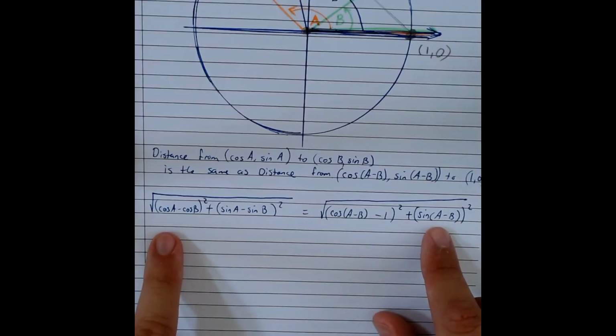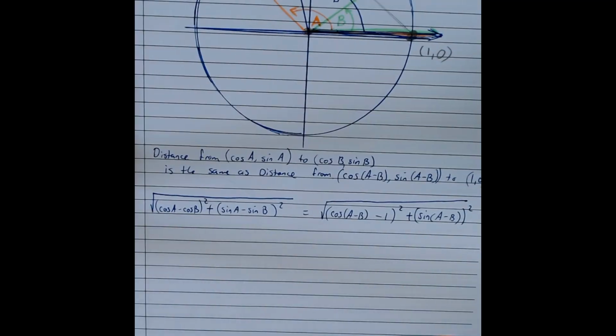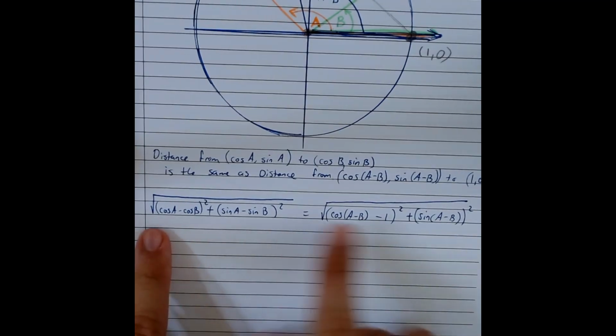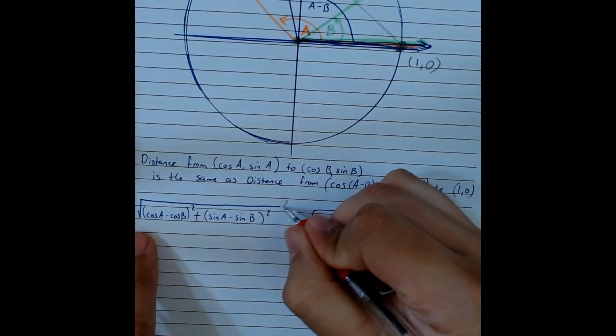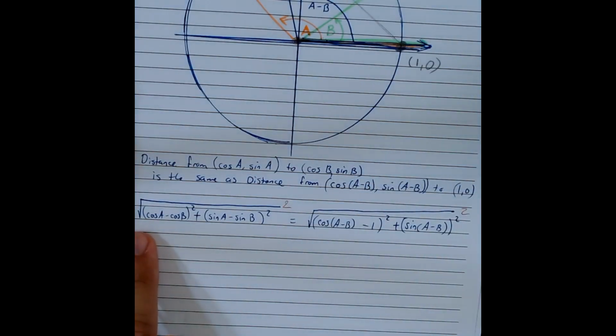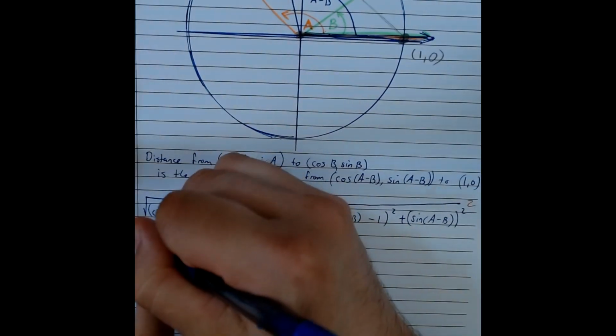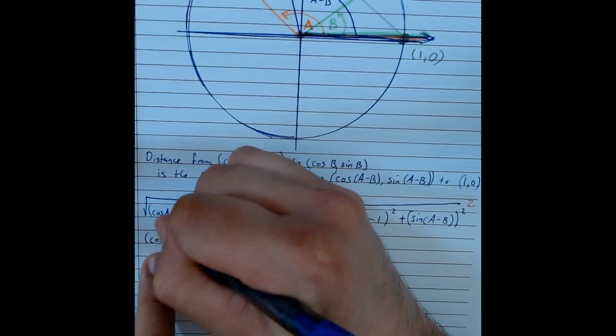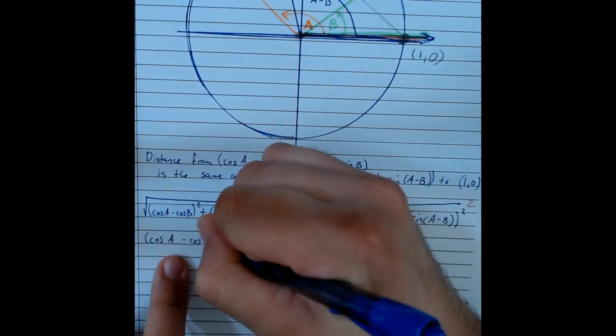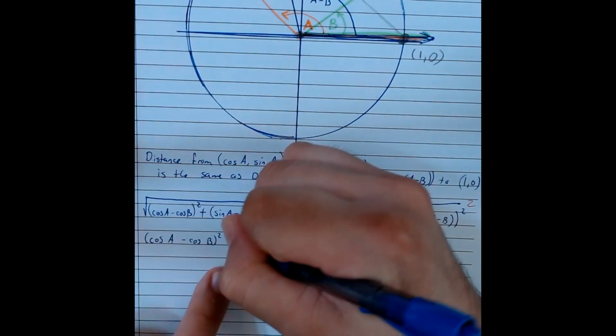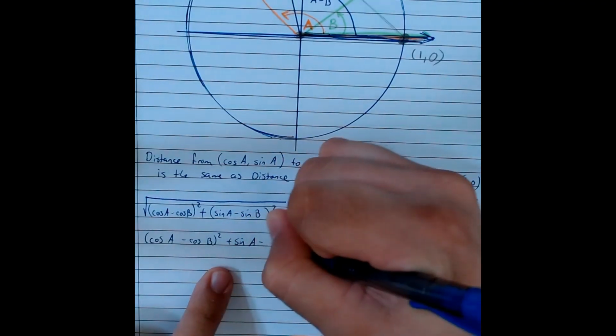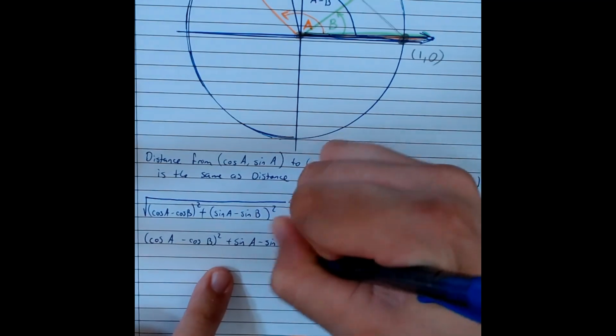Okay, so now what? Well, now I notice that both sides have square roots, which I can get rid of by squaring both sides. And that makes things a little bit better because square roots make things more complicated. So here, this is the same as saying (cosine of A minus cosine of B) squared plus (sine of A minus sine of B) squared.